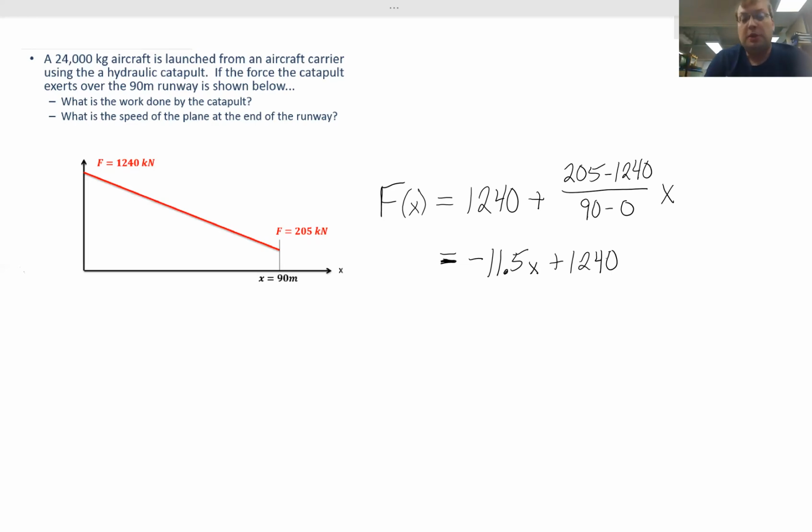Now this is important because of the definition of work, where work is defined as the integrated value of the force over the distance, and the distance is 0 to 90, and the force equation itself is negative 11.5 times x plus the 1240.